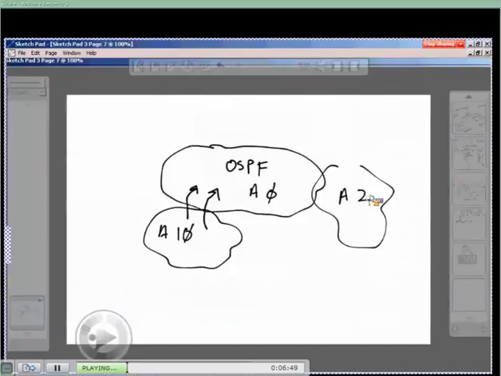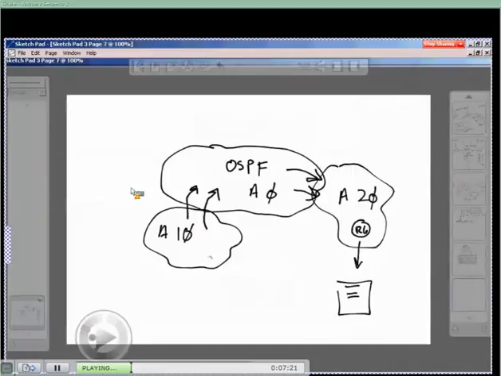And then into some other area like area 20, the summaries of the area 10 information will be propagated. And everybody immediately looks at this and goes, oh yeah, cool. That means the routing table on some router, let's say R6, is going to have fewer entries in it. So the routing tables on devices will be smaller, and this is the main benefit that we get with this summarization.